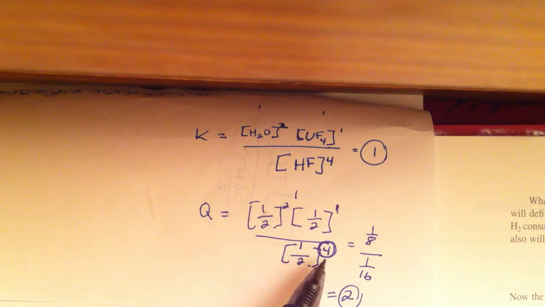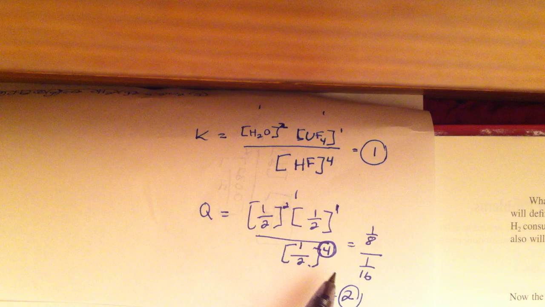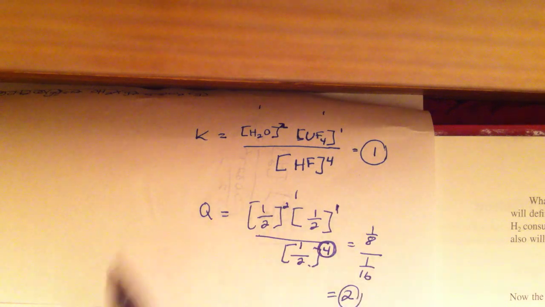Here we need to shift towards the side with more moles because we decreased the pressure. If we were to increase the pressure, we shift towards the side with the least number of moles, so the opposite. Okay, I hope that helps a little bit with your thinking about Le Chatelier's, and have fun.